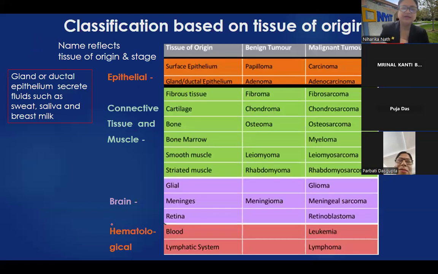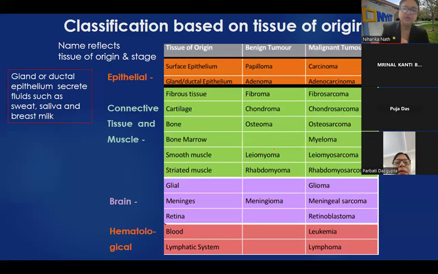And so we're back to that table again, just so that it helps you to remember. Here I just made note of something else: this is epithelial here. These are all connective tissue. This is all the brain, and this is all the blood, blood and lymphatic system. And so origin and the stage, whether it's benign or whether it's malignant.